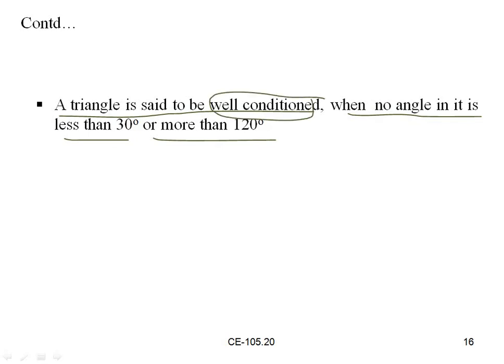That means a triangle is said to be well conditioned when no angle in it is less than 30 degrees or more than 120 degrees. The angle should be minimum 30 degrees on all sides.